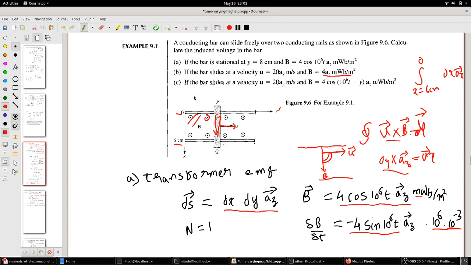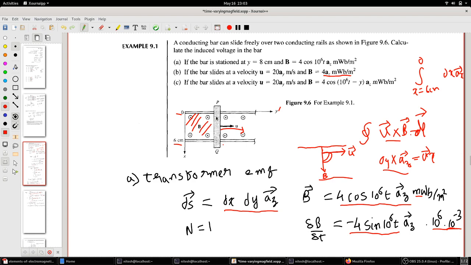Now for the case of the slider, u is moving in this direction. Since I am moving u in this direction, and my b is in this direction, b dot ds is increasing, the flux is increasing. Lenz's law tells me that the induced current will have to be in such a way that it opposes this increase of flux.